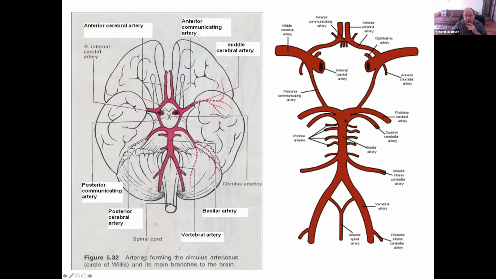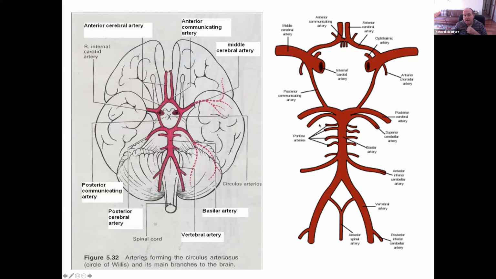And then we have the posterior circulation. We've got the posterior cerebral artery and the superior cerebellar artery.